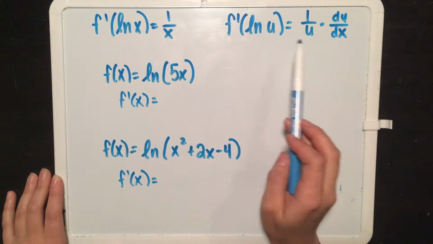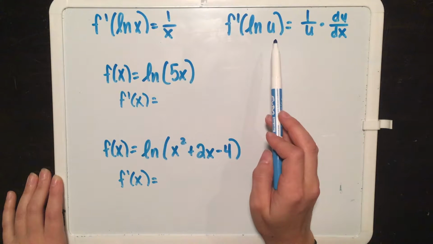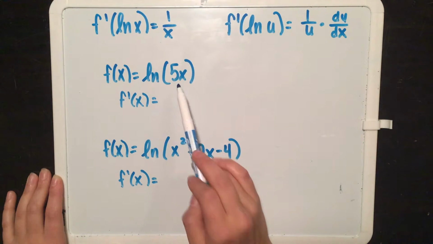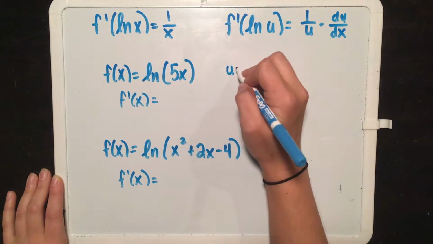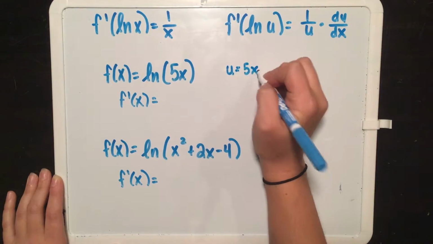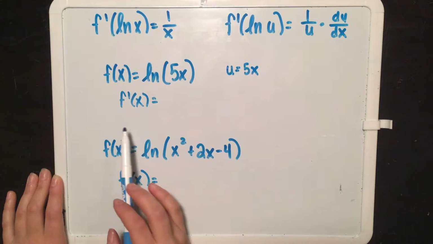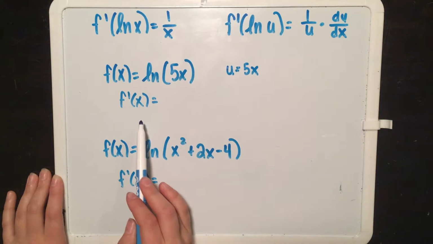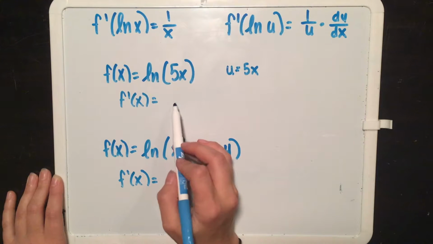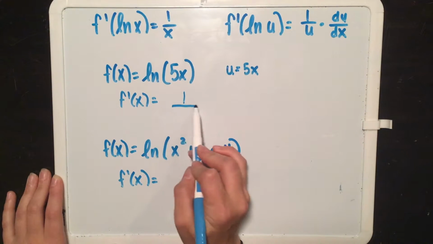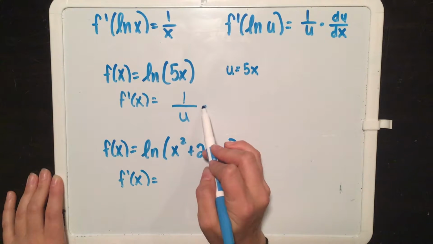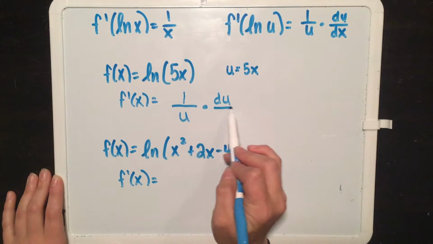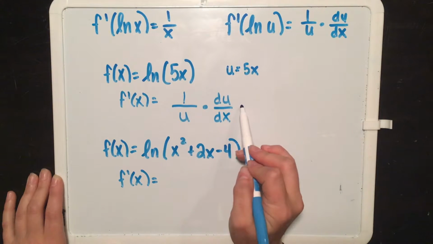5x is what our u is because u is a function of x. So u equals 5x. Now when we take the derivative of this function, our solution is 1 over u times the derivative of u with respect to x.